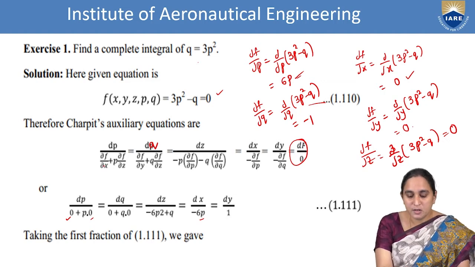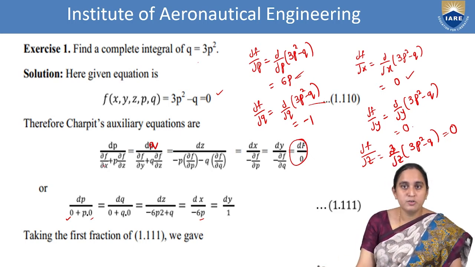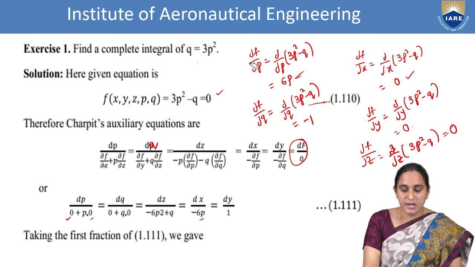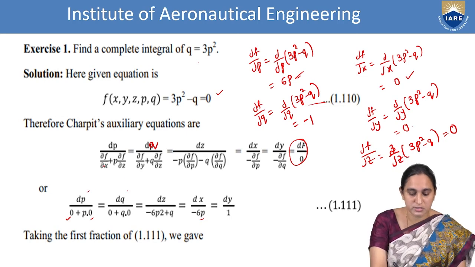From that auxiliary equation we got: dp/(0 + p·0) = dq/(0 + q·0) = dz/(−6p² + q) = dx/(−6p) = dy/1. Let us assume that as the second equation. Taking the first fractions from the auxiliary equations, I'll take the first two fractions.